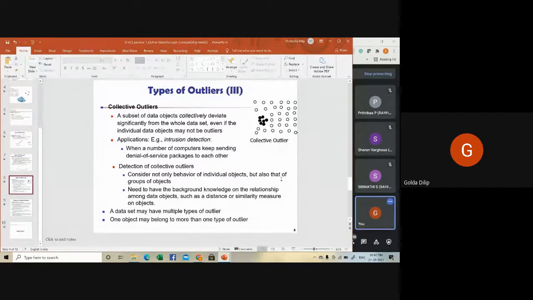If the stock price is not changing at all, not even by a 0.000 value, for a long time, then it could be a case of a collective outlier, because for any publicly traded company the stock value will never be static. There are minute fluctuations every now and then, based on many factors over a period of time. So that could be an example of a collective outlier.